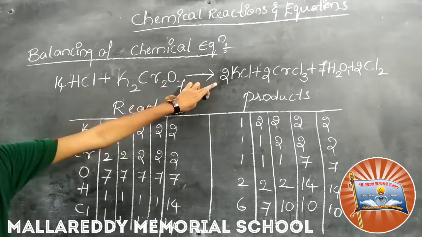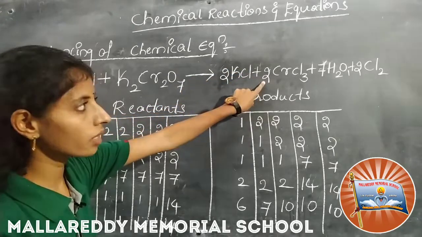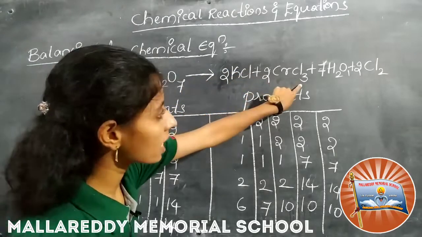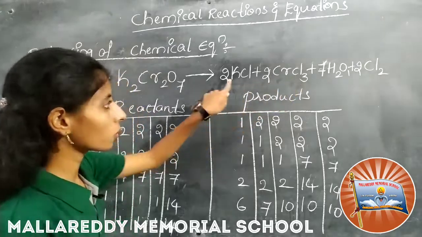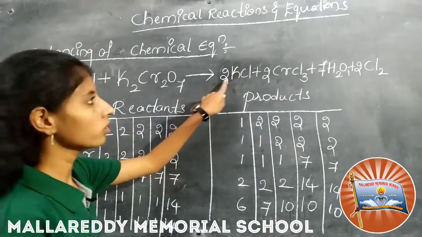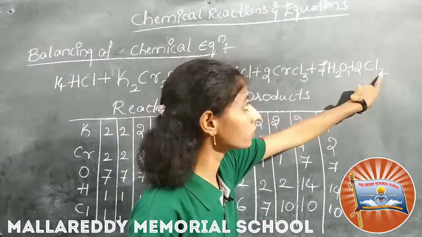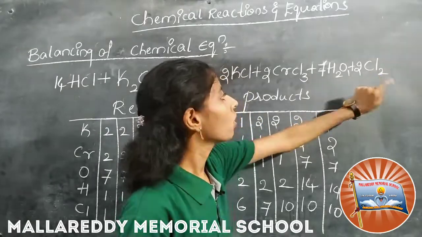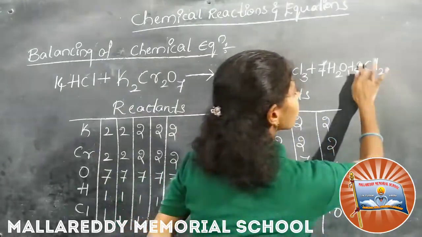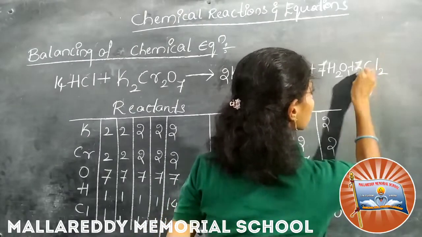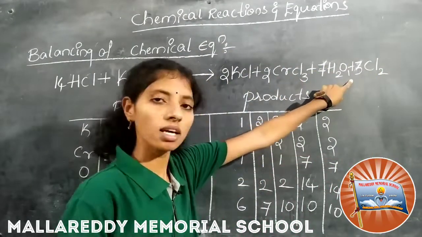Here we have 2 and here 2 3s are 6, total 8. Okay, here we have to take the number as 3 here.